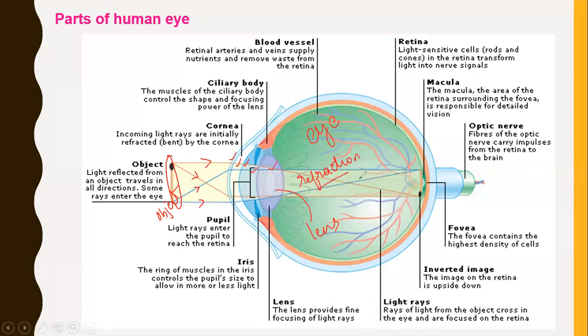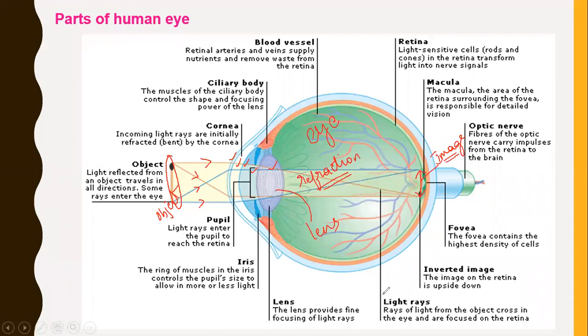It undergoes refraction, and the light is slightly bent from its actual path, and that refracted light ray is projected on this part, and this is the image.